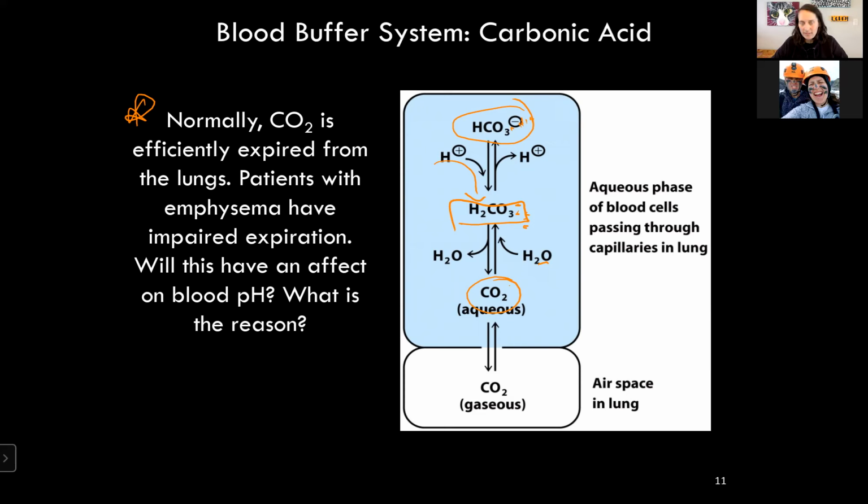Their cells are still working and making lots of carbon dioxide, so this side of the chemistry is still occurring. The problem that people with emphysema have is that this side is not being as efficient, so that's not really working.